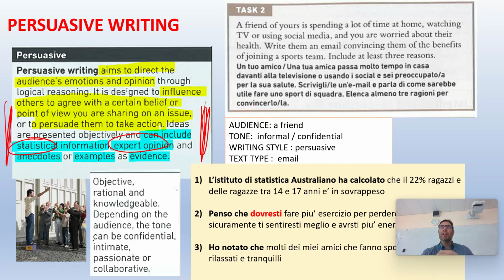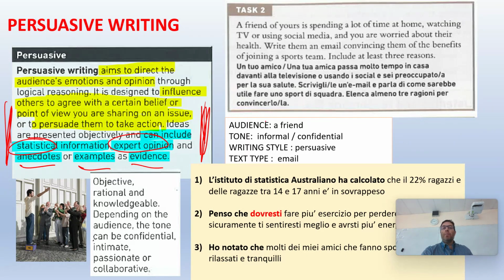Even if your data are a little bit off or you're just using your personal knowledge, that's fine, as long as you've got those numbers in there. Anecdotes, examples, and evidence are the other three things, and this means that you have to illustrate and give some examples about what you are supporting, your ideas.